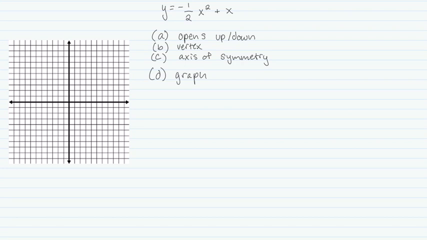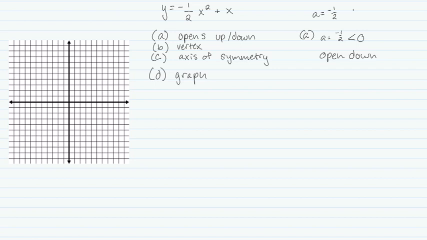Okay, so moving on to our example. y equals -1/2 x squared plus x. Part A wants me to determine whether it opens up or down. I'm going to tackle it one piece at a time. One of the properties that we chose to cover was whether it opened up or down. Since a equals -1/2, and that is less than 0, it is going to open down.